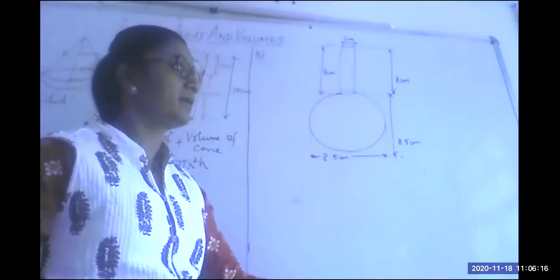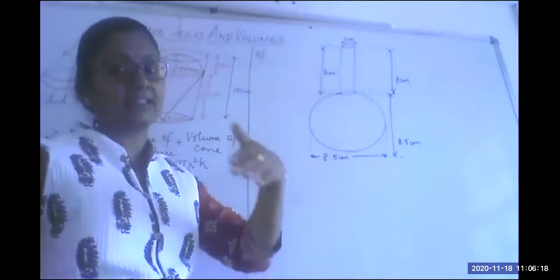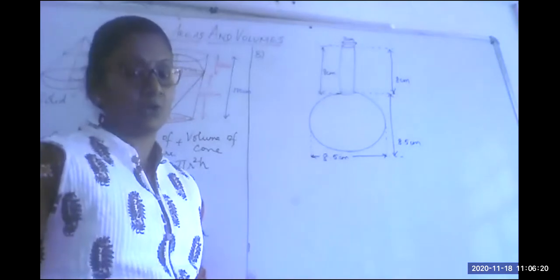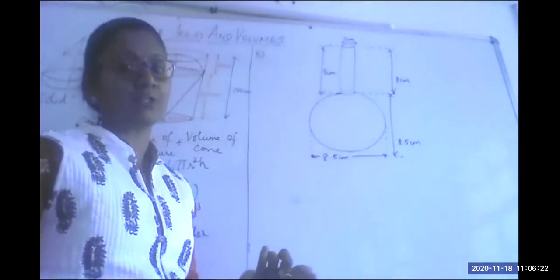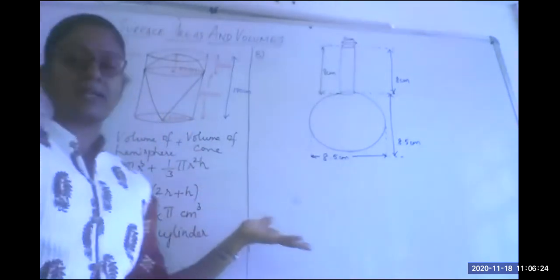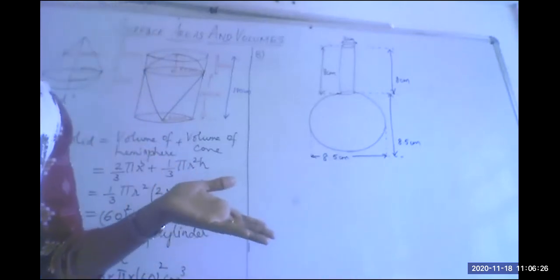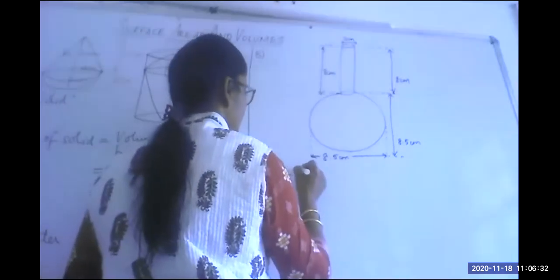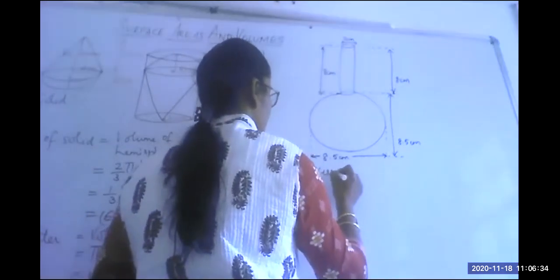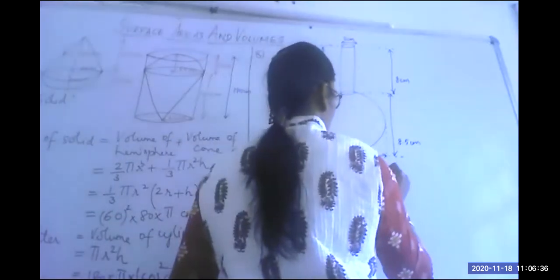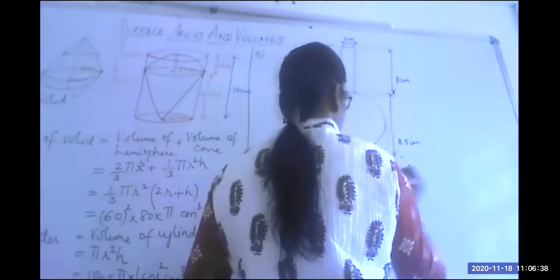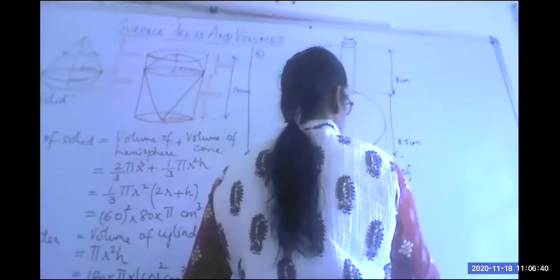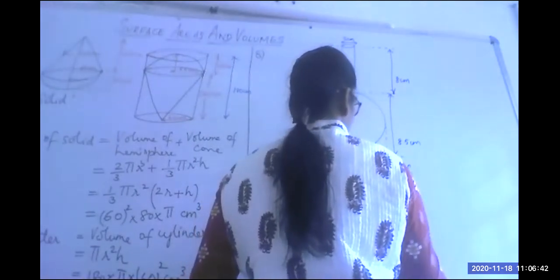If it comes out to be 345, we can tell the child is right in calculating the volume. If not, you have to tell it is not. So you need to calculate the volume of the vessel. So volume of the vessel will be equal to volume of cylindrical part plus the volume of spherical part.